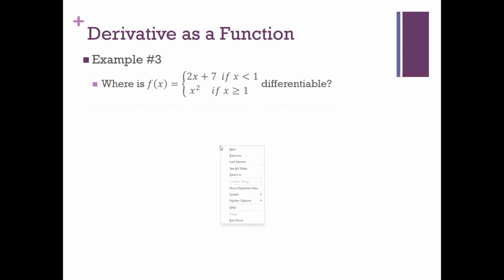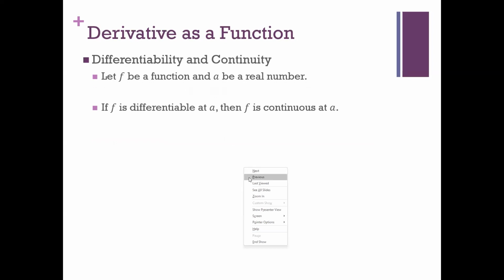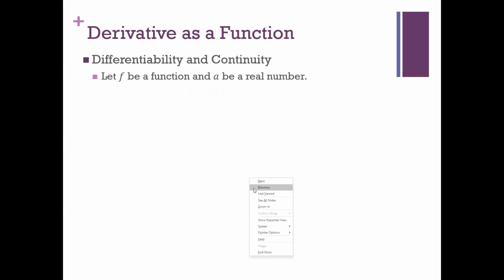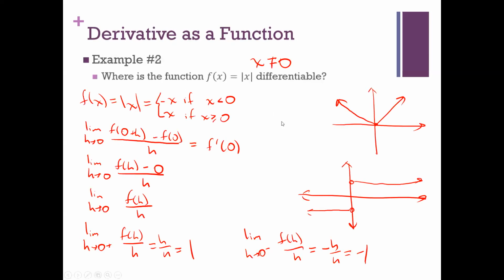And I don't know why I didn't realize this, but if we look back at our absolute value function, is the absolute value function continuous at x equals 0? The V looking thing, that's the graph of absolute value, right?